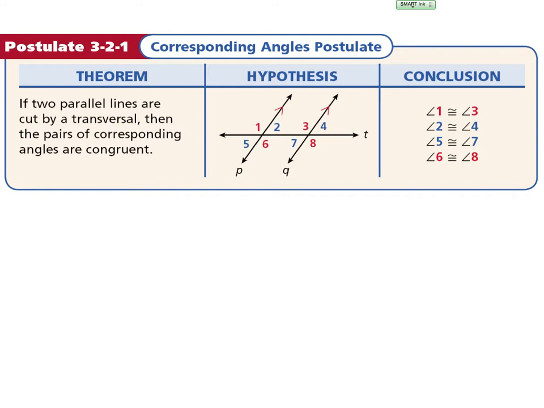But also make a note that the hypothesis you have to have two parallel lines. So in the diagram, make sure you are highlighting these are parallel. Got to have parallel lines.